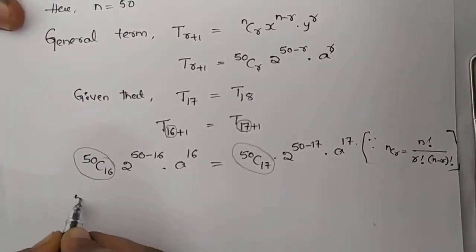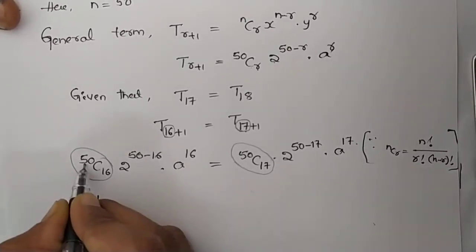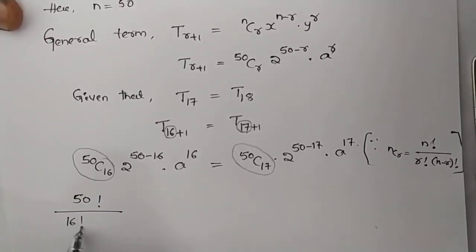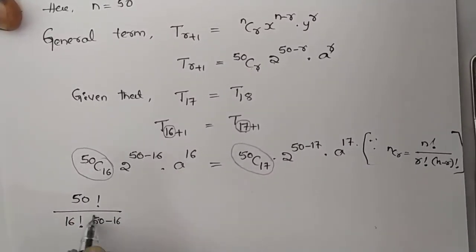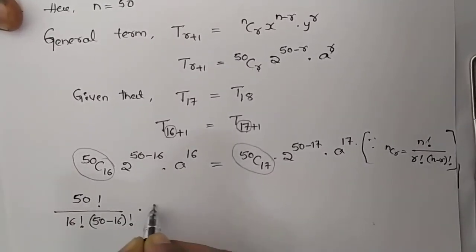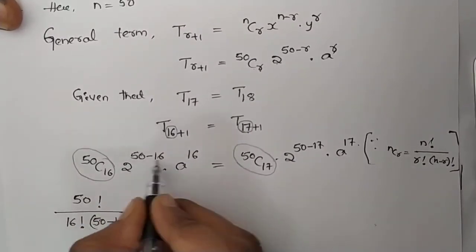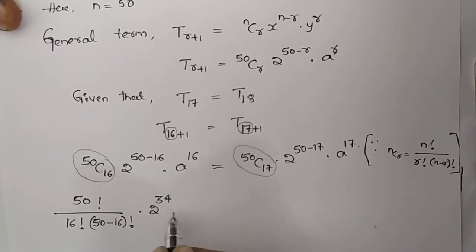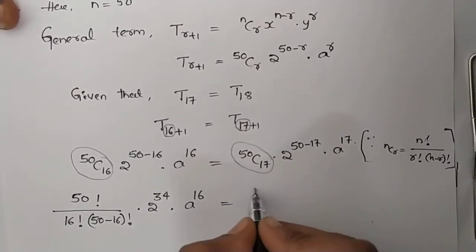So 50 factorial divided by 16 factorial into (50 minus 16) factorial, that is 34 factorial, into 2^34, into a^16, equals, next, 50C17.